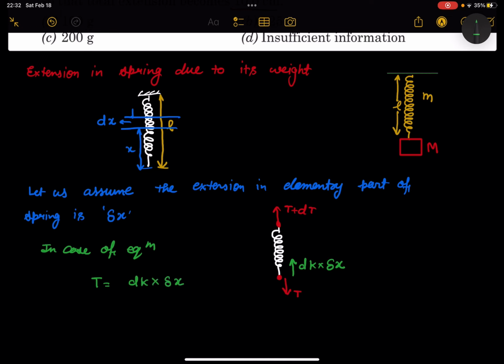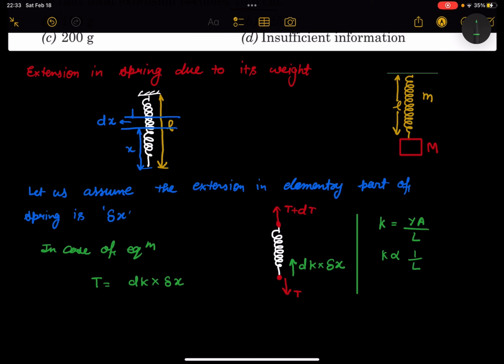My dear friend, the most important property of the spring is that the spring constant is equal to the Young's modulus times area of cross section over length. Remember this, and in a separate video I will discuss the derivation of this spring force constant. So here you can see K is inversely proportional to the natural length.